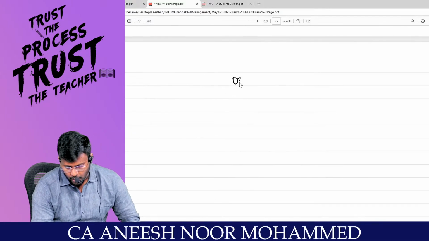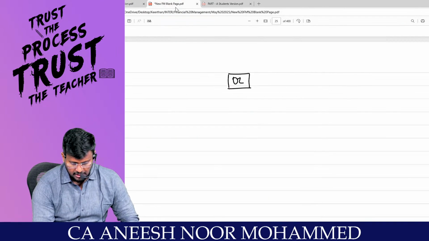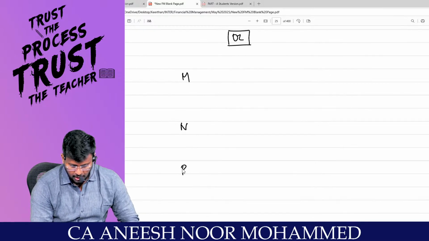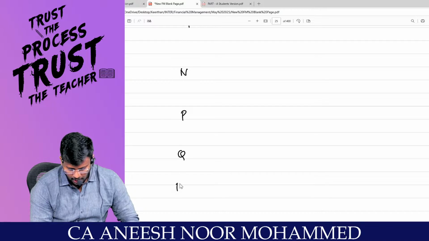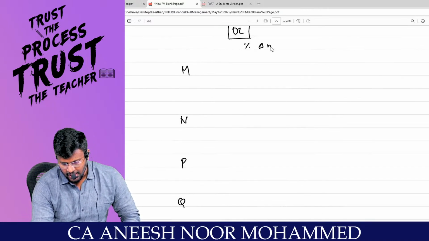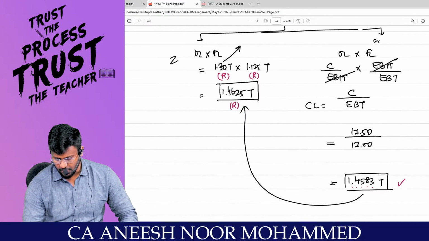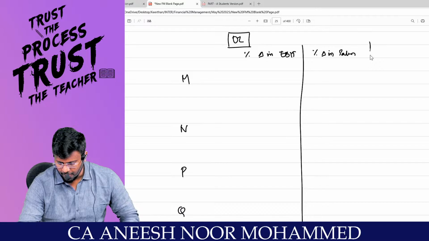I am going to calculate the operating leverage for the 5 firms M, N, P, Q and R. What is the percentage change in EBIT? This is my first information. Then percentage change in sales will be the second information.